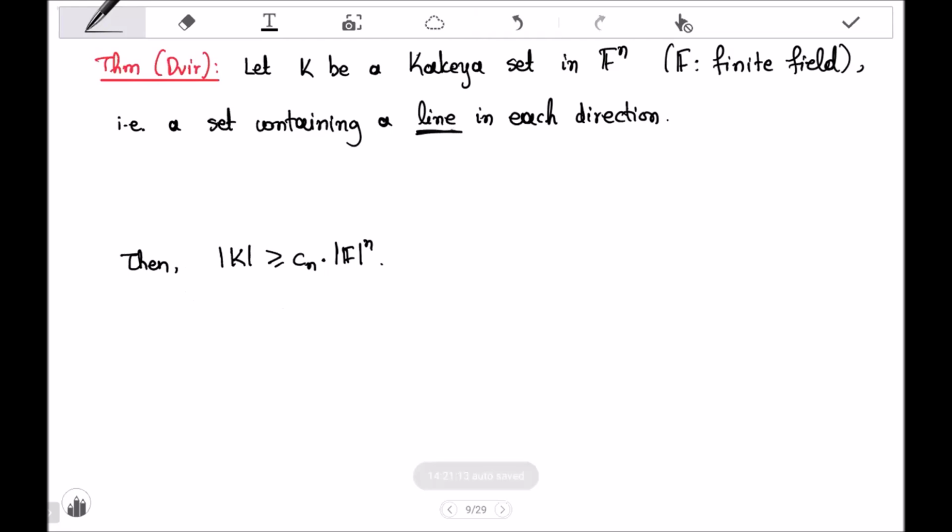And by line, what do we mean? The line passing through a point A in direction B, where A and B are in F to the n, is defined as the set of A plus T times B over all T in the field. So that is indeed a copy of the field, and the direction of this line is B, or any multiple of B.